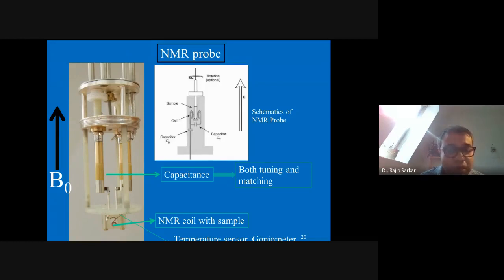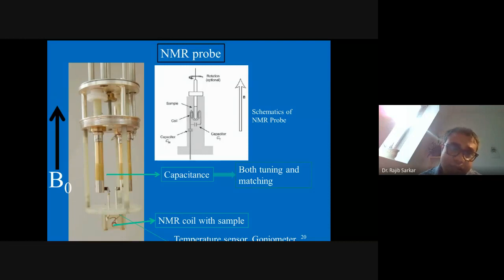At the bottom I showed you an NMR coil with a sample. In general, you are using two capacitances, one for tuning the resonance condition and one for the matching. Matching means you are doing impedance matching, so as to get a perfect resonance condition.